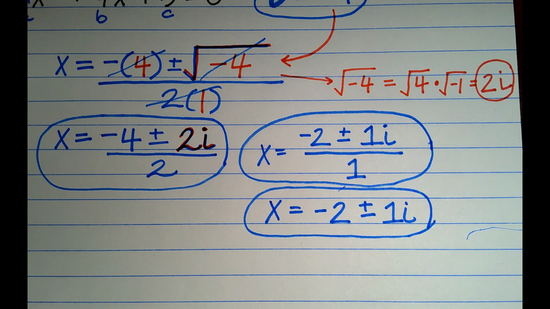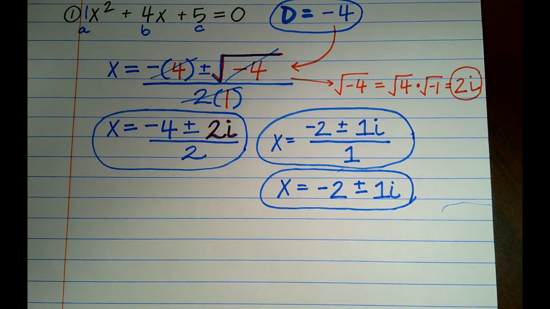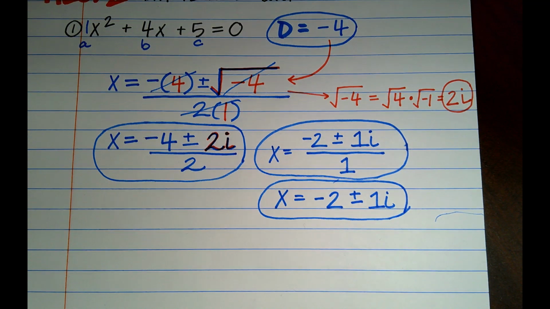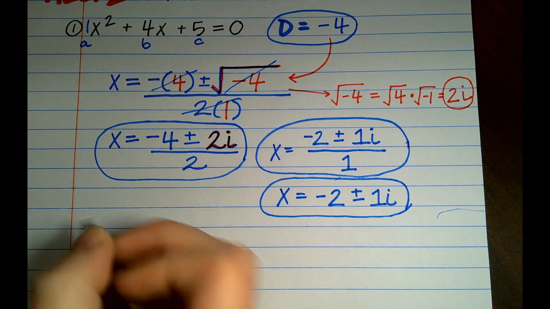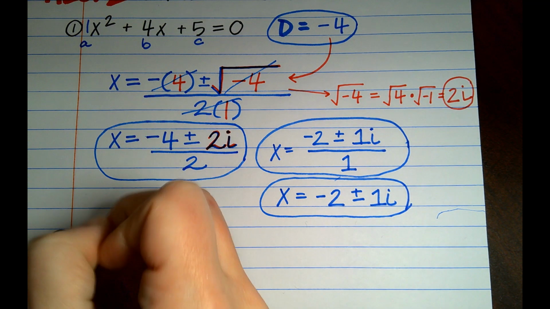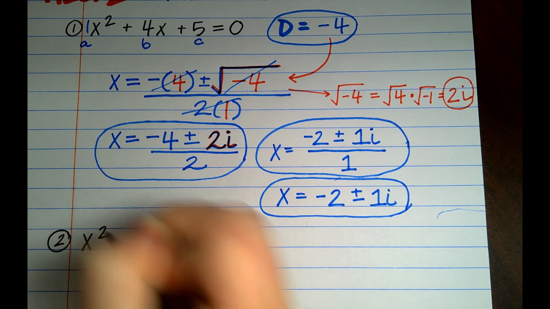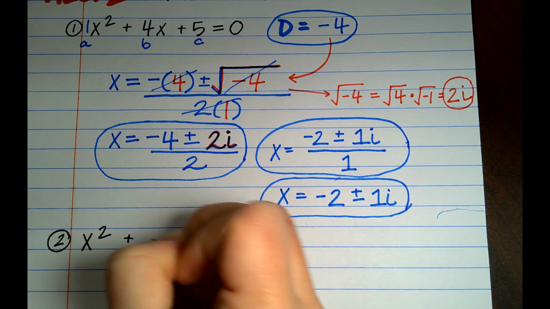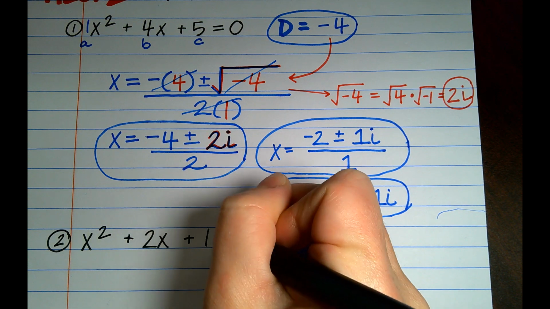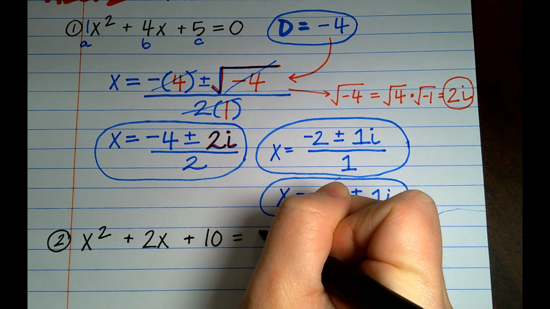Now, that was a lot of steps. Let's do another one. Let's look at number 2 on the do now, where we have x squared plus 2x plus 10 equals 0.